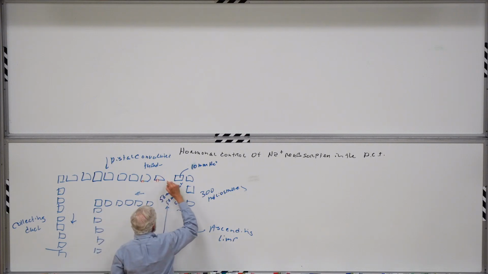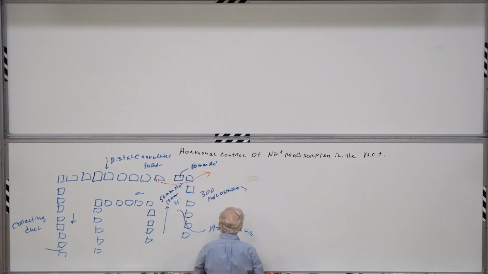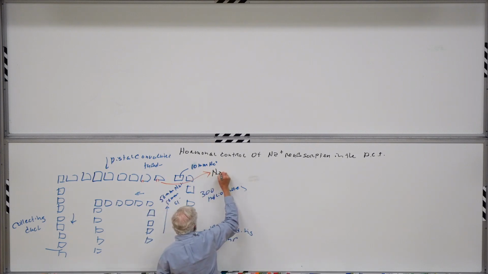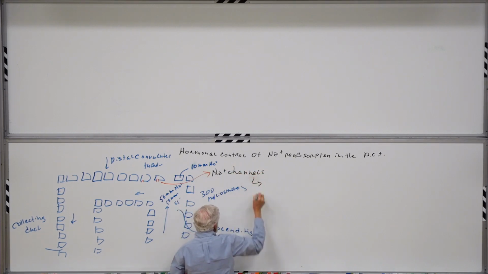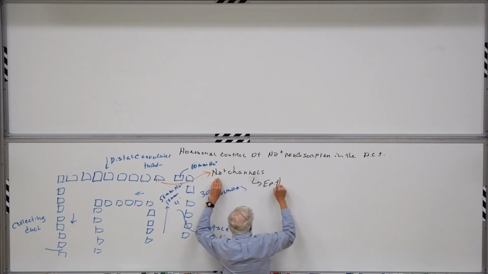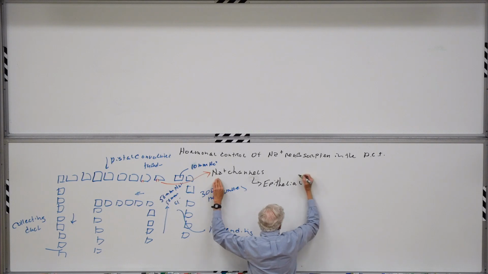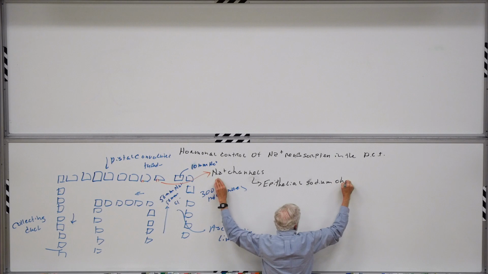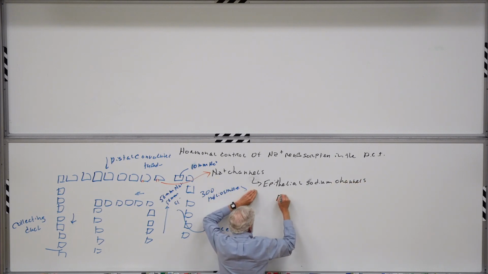We could simply put in these membranes sodium channels. And they have a particular name. They're called epithelial sodium channels, and we abbreviate these as ENaCs.